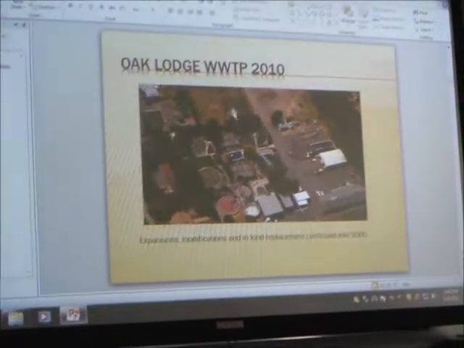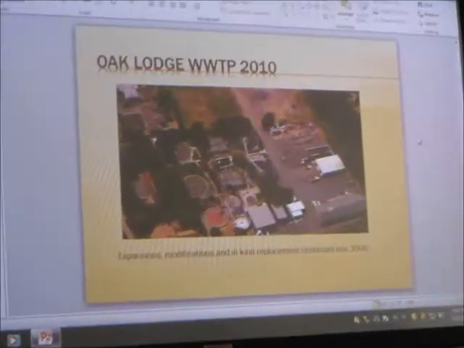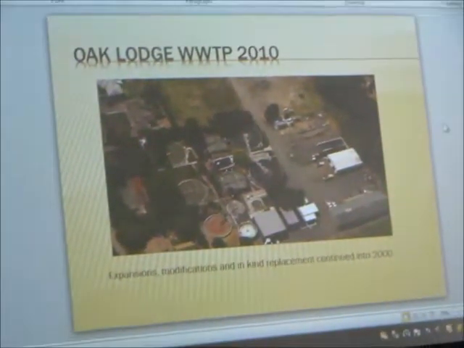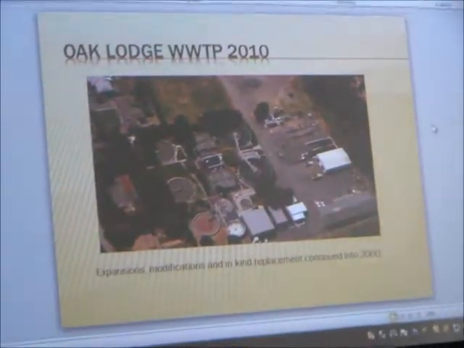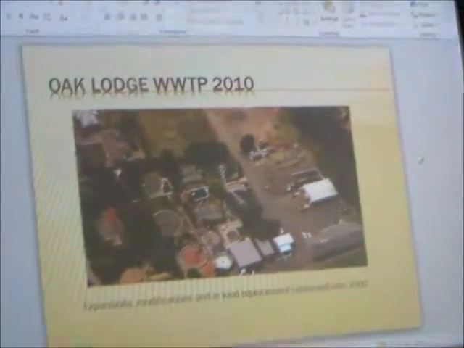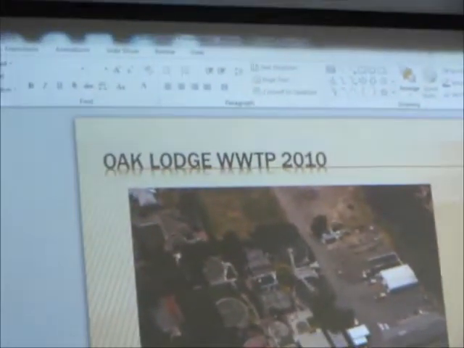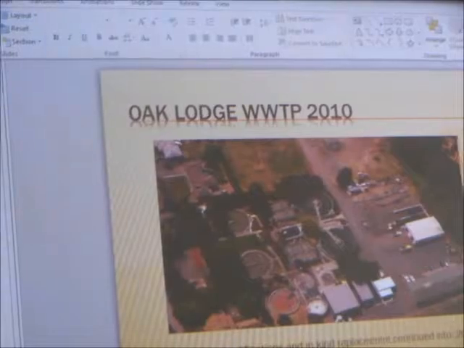Okay, so this is the old plant, and it was a small, simple plant, high rate activated sludge. It was put in stages. I think it was a primary treatment facility, and then the Clean Water Act came in '72, and they probably had to add some secondary treatment to that.